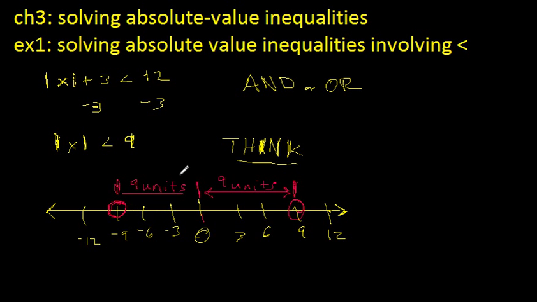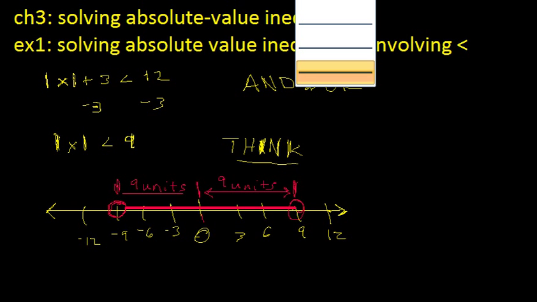Now I already know that x is less than 9 units from 0, so I can draw my line from 0 to 9 and 0 to -9, and my line is going to go from point to point. Let's write the inequalities.